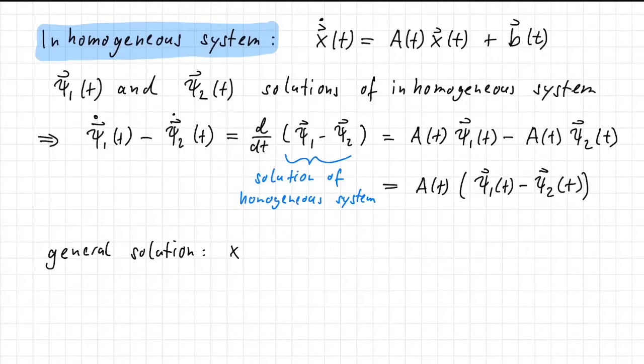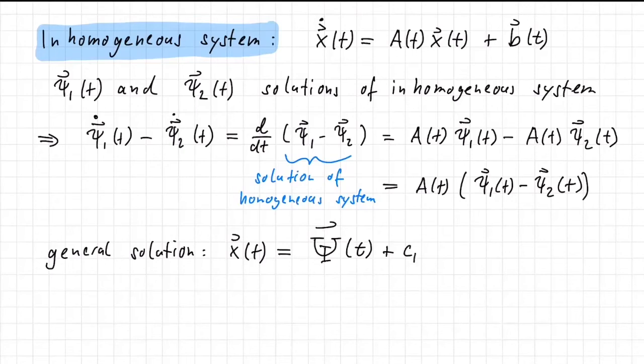Namely that x of t is given by some solution to the inhomogeneous system plus a solution of the homogeneous system. For that, we know that we can write this with our basis vectors phi1 up to phi n.